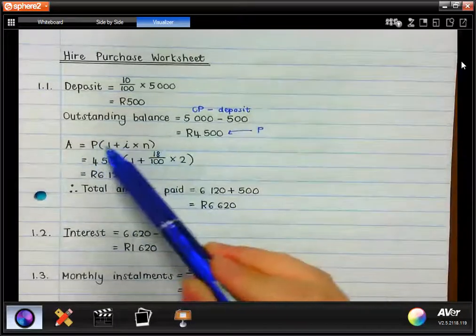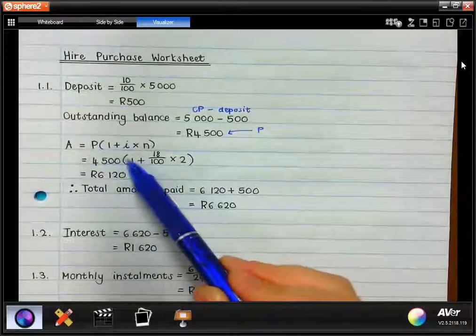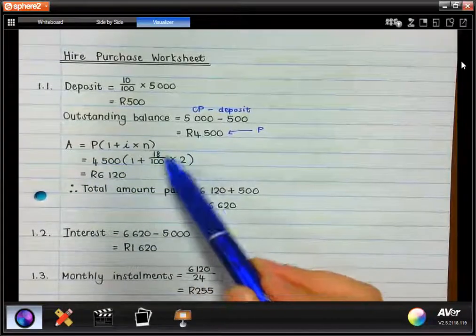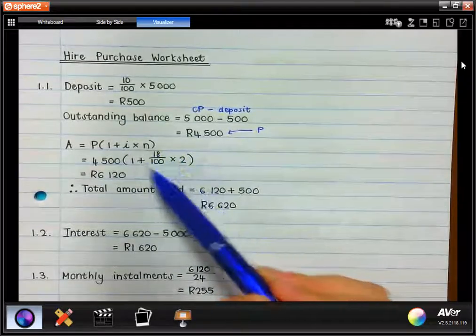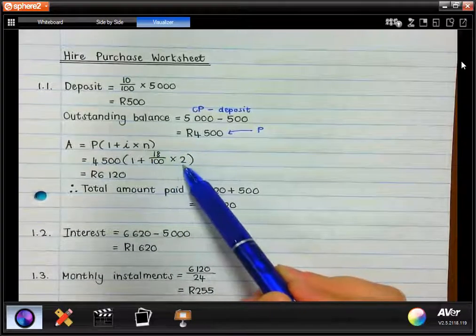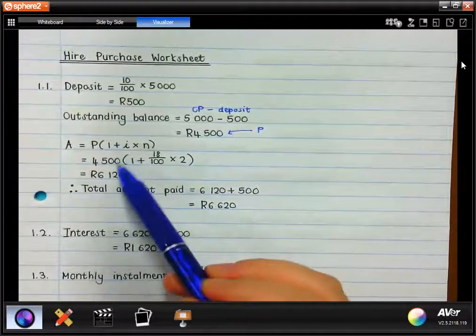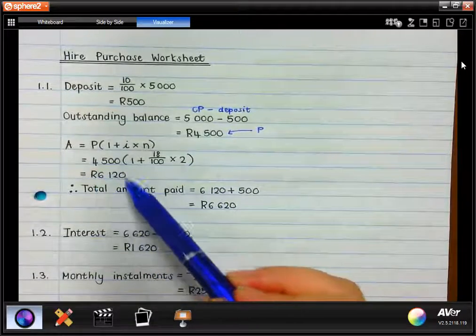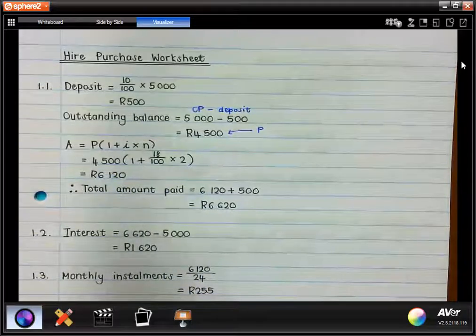Remember, for the simple interest formula, your balance is now your P value. 1 plus, they give you this interest rate. They tell you that the hire purchase is at an interest rate of 18%, and it was for 2 years. So that is 6,120 rand. Remember, this is what you're actually going to pay back over 2 years.